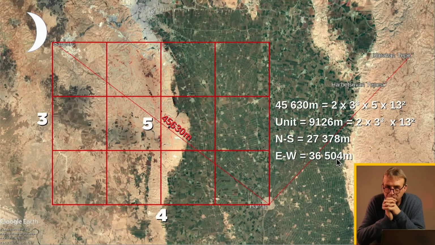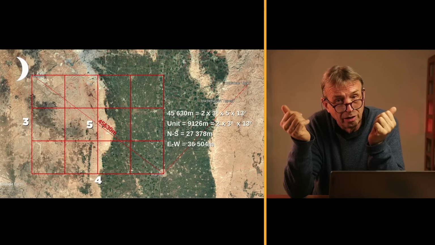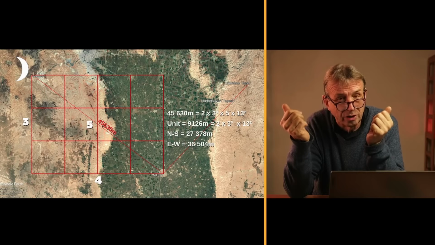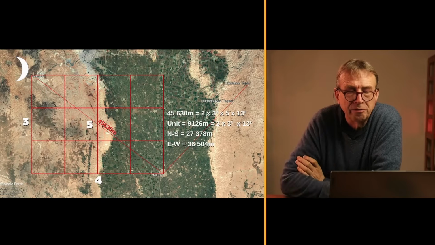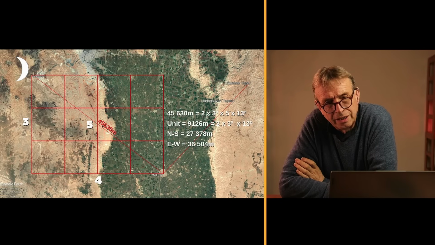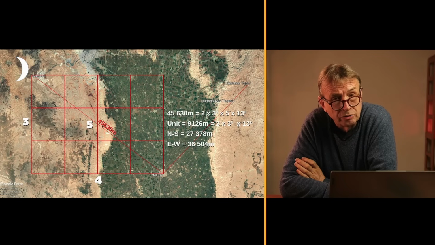Now, these two numbers are incredible. I mean, if this is coincidence, it's an incredible coincidence. If it's not a coincidence, then God knows what it is. Because 27.3 is the exact length in days of the moon's rotation.